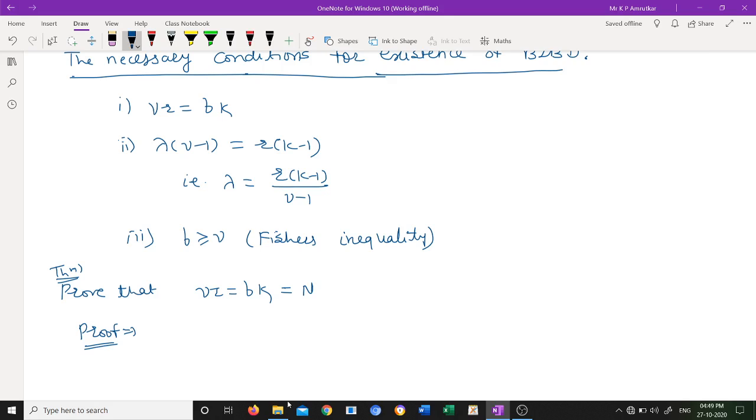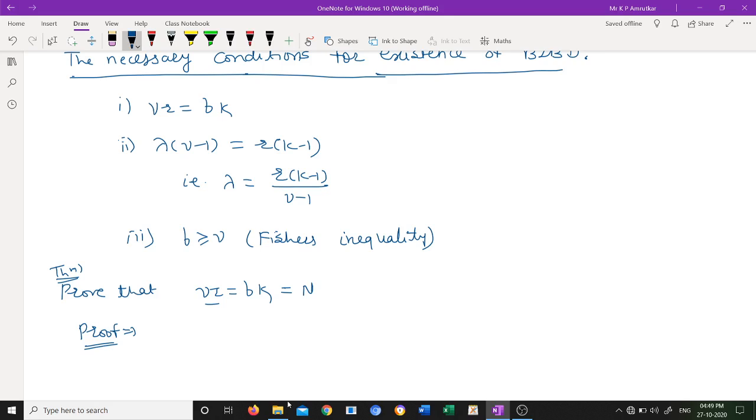If there are V treatments and each treatment is replicated R times, then the total number of plots in the design is VR. Further, if there are B blocks and each block has size K, then the total number of plots in the design will be BK.